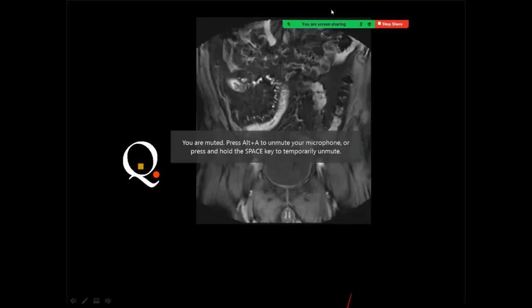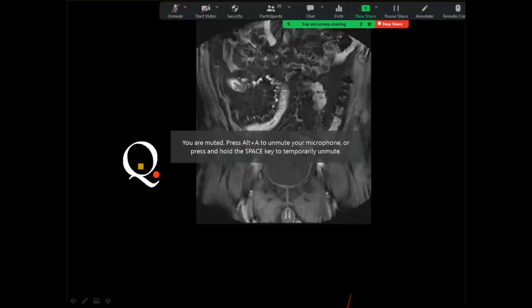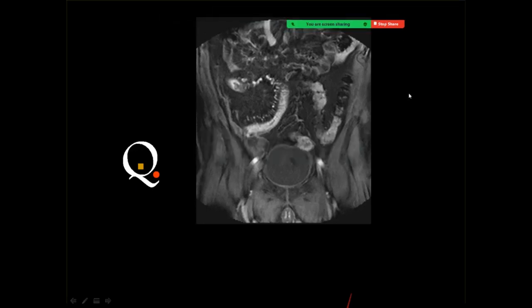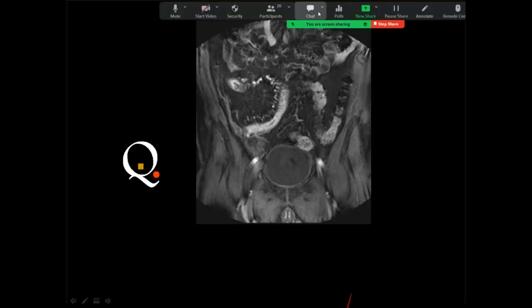Next case is a selected film from an MR enterography showing a very characteristic sign of Crohn's disease.